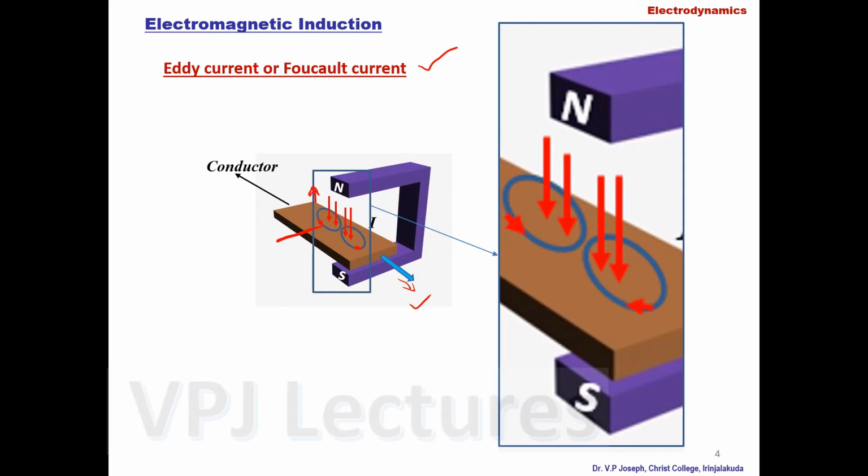So in order to get an upward magnetic field, the circular current induced in the conductor will be in the counterclockwise direction, as shown by the arrow mark.